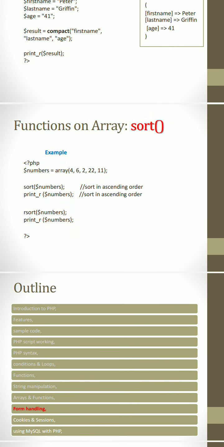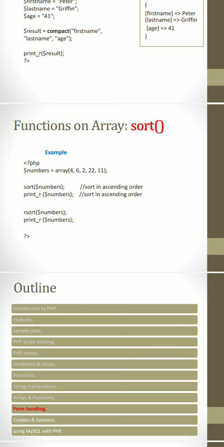Next function is sort. That means it will sort in ascending order. Okay, so how will we do that? See, PHP provides different functions, that is sort, rsort. We have seen that. So first, this is the opening PHP tag, $numbers equal to array in bracket 4, 6, 2, 22 and 11. We have taken one example of an array with 5 elements.